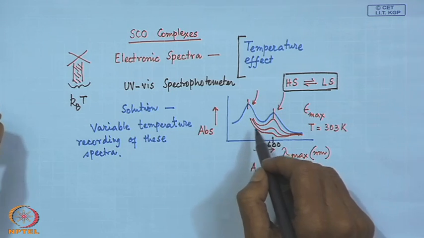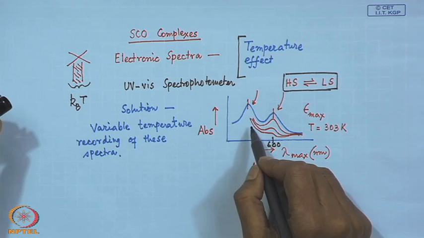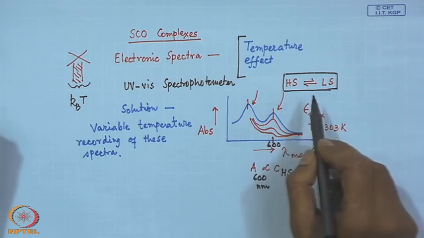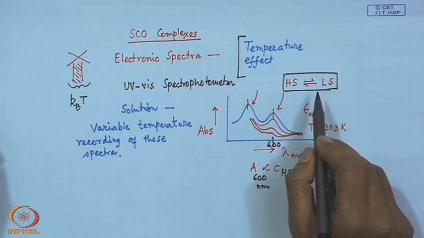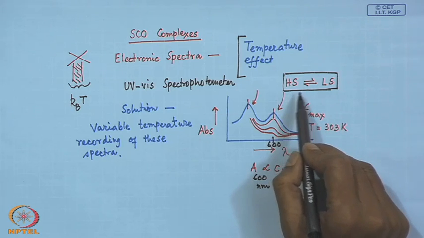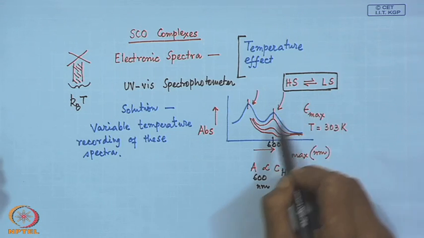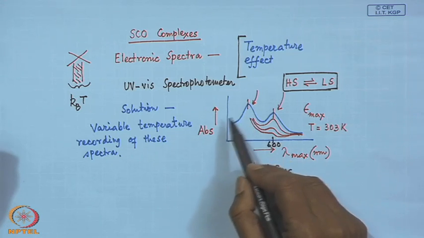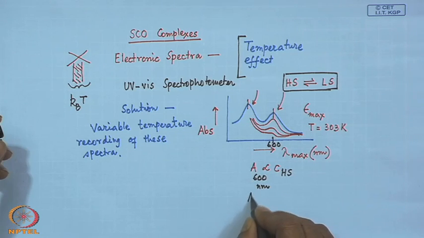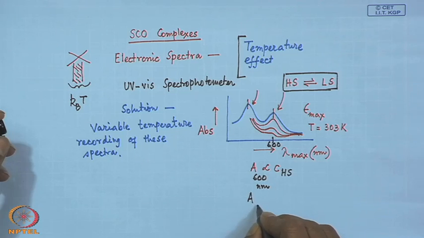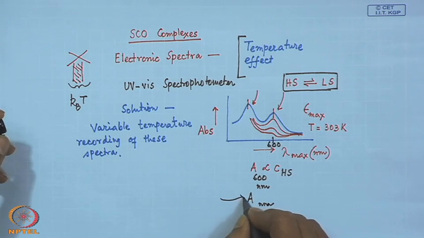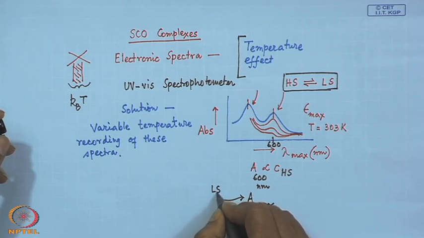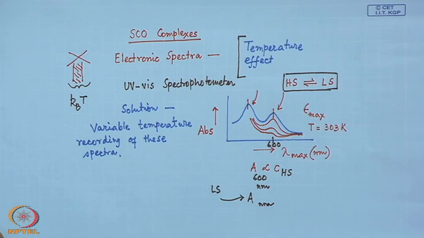If it is not present at the initial stage, it will grow, because more and more high spin compounds are converting to the low spin compound. We get an increase in concentration and the corresponding characteristic absorbance at some other nanometer value for the low spin compound, which will be increasing with the temperature.